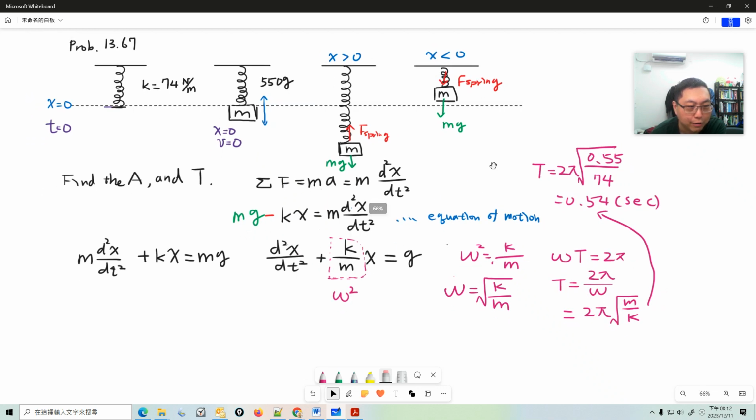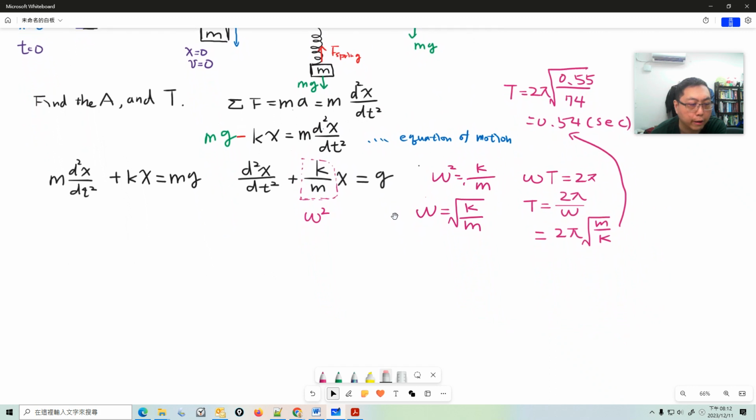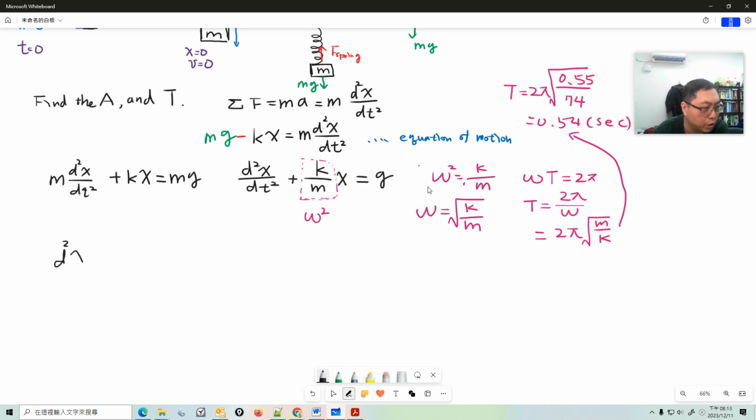So right now we have to solve this differential equation. That's why at the beginning I said this problem may be beyond your math skill right now.